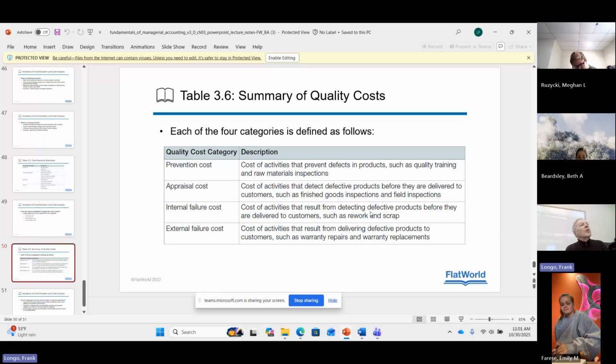In other words, they don't want potatoes that are older, or maybe spoiling for some reason. Or plants can get diseases, so they might have some disease. So they actually test it before they put it into process. There's a cost associated with that, and it'll be classified as a prevention cost.